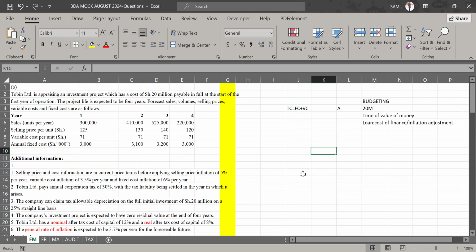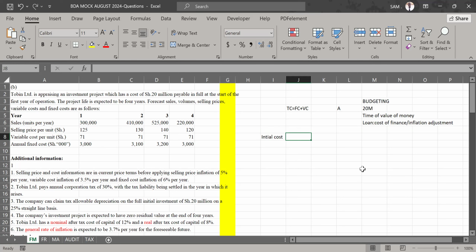Now, let us have the skeleton of this information put down together. In this project, we have initial cost. How much is the initial cost given? At the start of the question, we are told the cost is 20 million and it is payable in full at the start of the first year of operation.